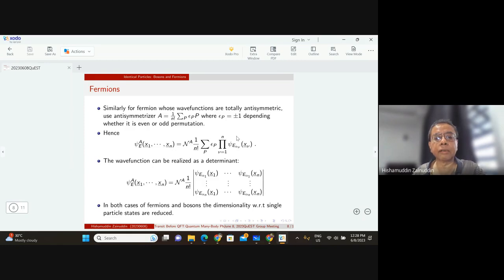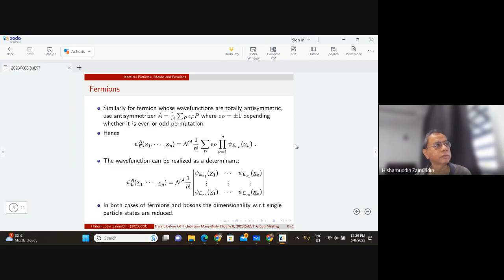Given this antisymmetrizer, you antisymmetrize totally on the product of the single particle wave functions, and the result can be written as a determinant, as you have probably seen in the second course of quantum mechanics.